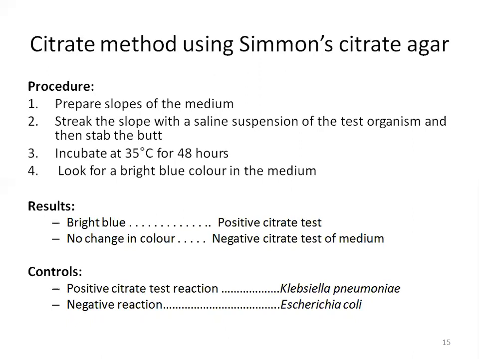Incubate at 35 degrees Celsius for 48 hours, and then look for a bright blue color in the medium. If there is a bright blue color, it shows a positive test result, and if there is no change, then it is a negative citrate test.